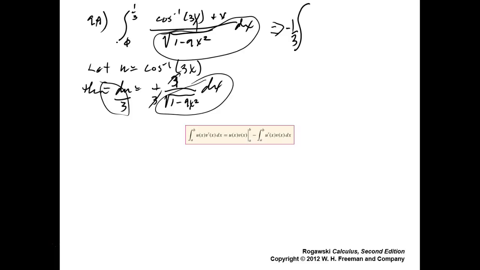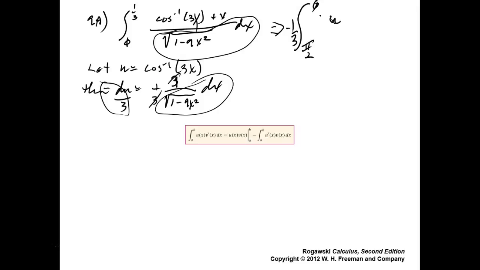No, you're right. Pi over 2. Okay, sorry. Now, when x is equal to 1/3, 3x would be 1, and what's the inverse cosine of 1? Zero. Very good.